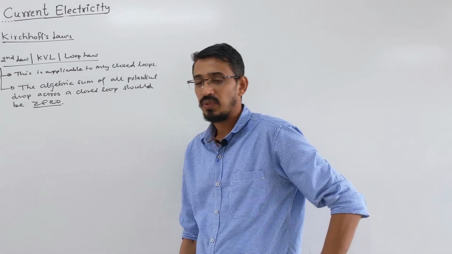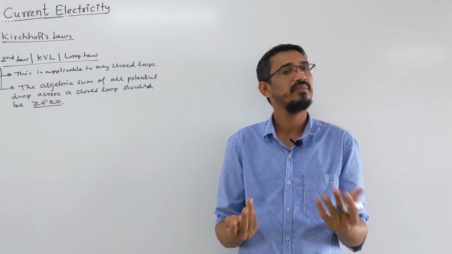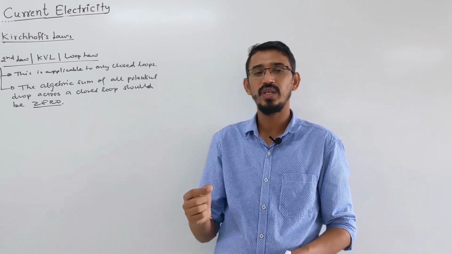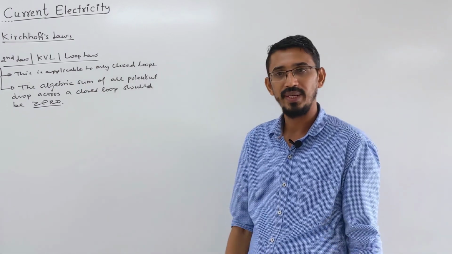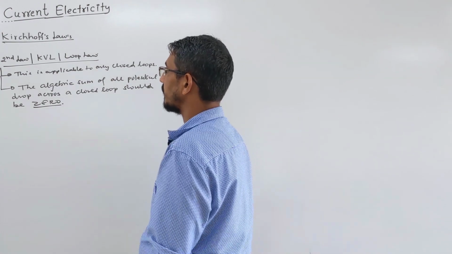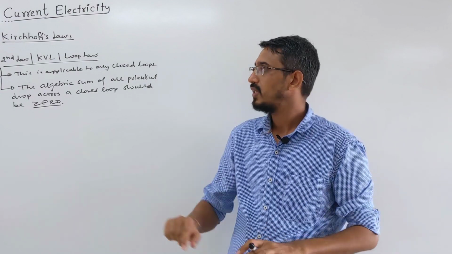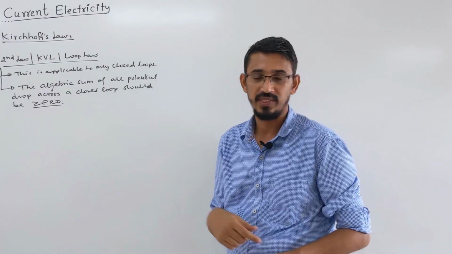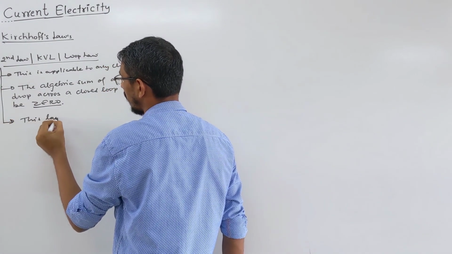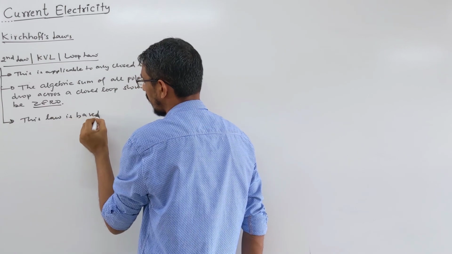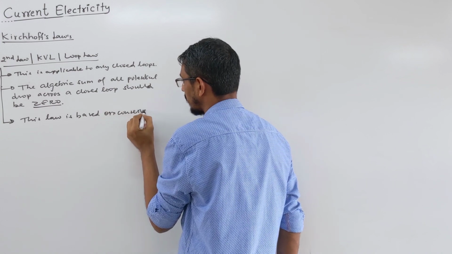In any electric circuit we have just two elements: a resistance and a battery or cell. So the total voltage drop across the battery and the resistance should be 0 in any closed loop. The first law was based upon conservation of charge, while this law is based on conservation of energy.